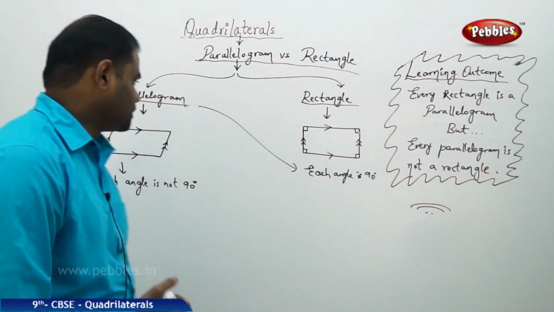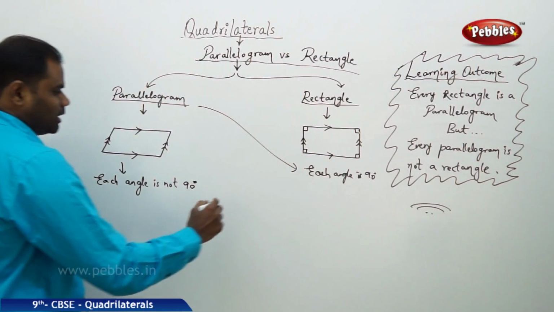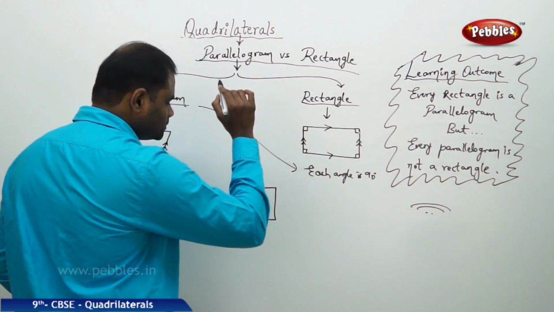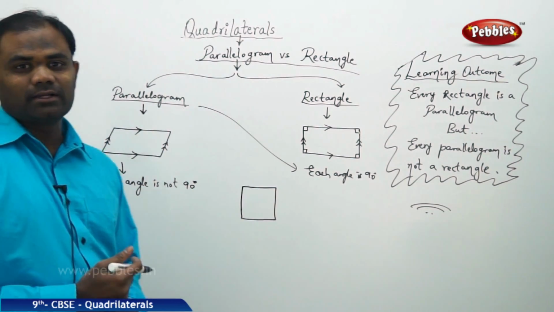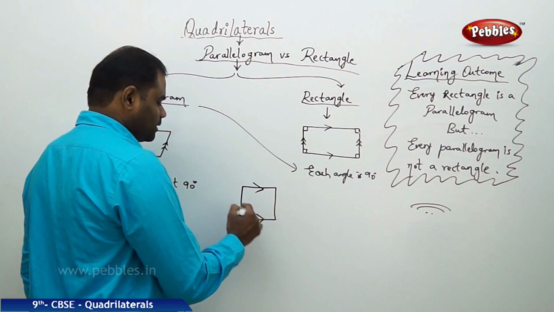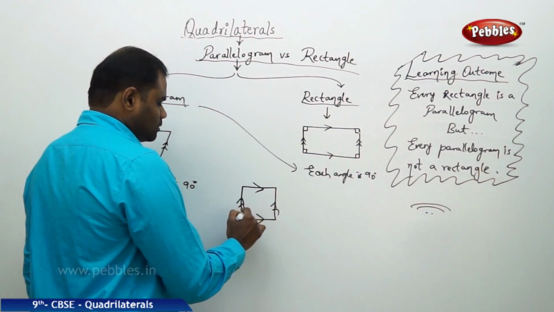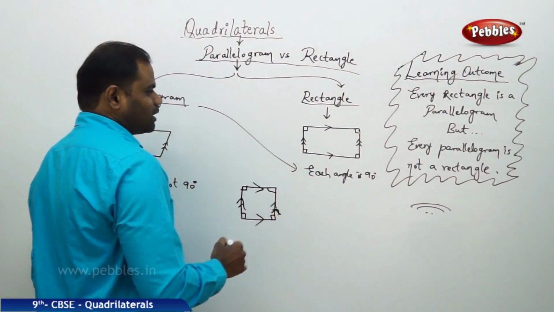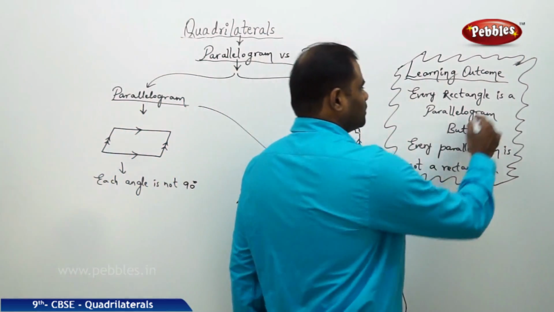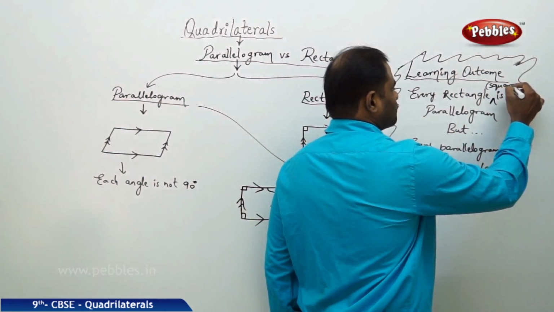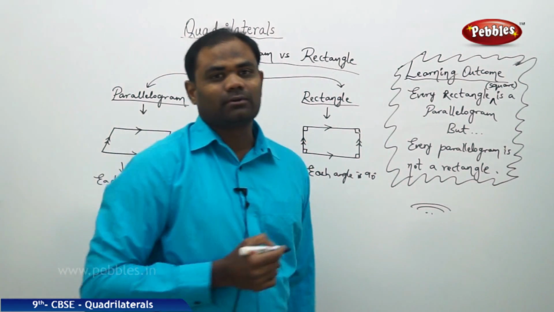Similarly, if I take a square, let me introduce a square. Every square is a rectangle, and since opposite sides are parallel, irrespective of the condition that each angle is 90, again I can say every rectangle or even a square is a parallelogram.